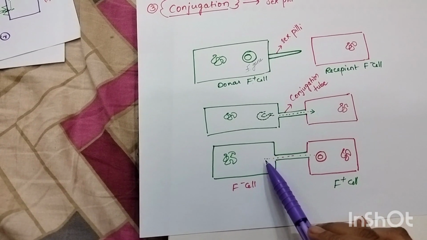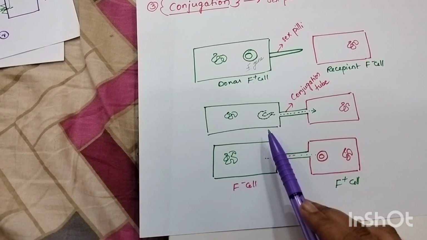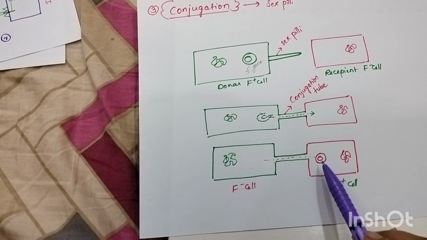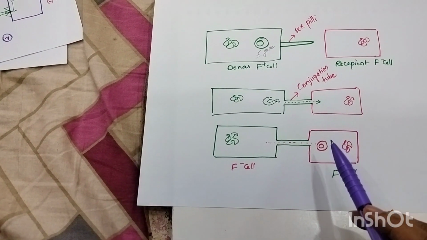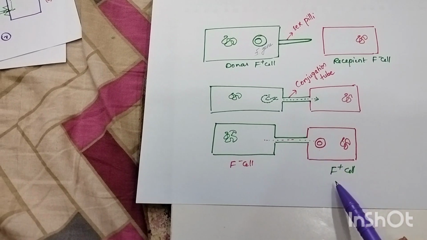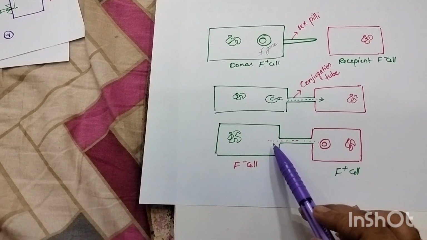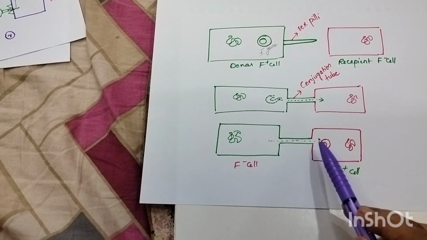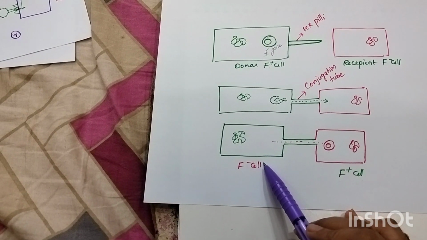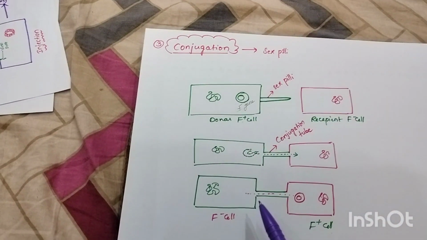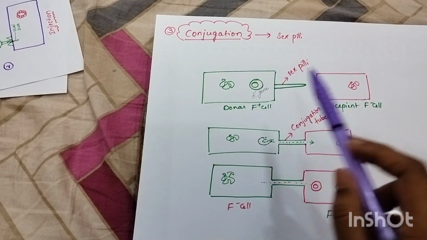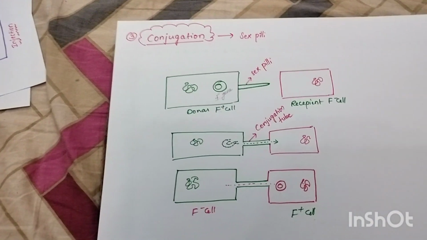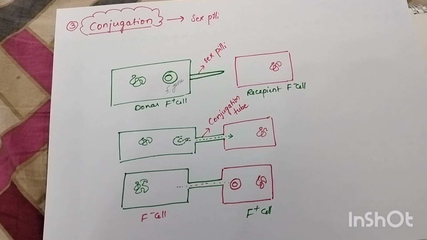Here you can see this F plus cell, this donor cell, has donated its entire plasmid to the F minus cell. Once this F minus cell receives the plasmid, it becomes an F plus cell. And once the F plus cell donates its plasmid to the F minus cell, it becomes an F minus cell. So this is one type of conjugation where the plasmid transfers from one bacterial cell to another. This is all about conjugation.